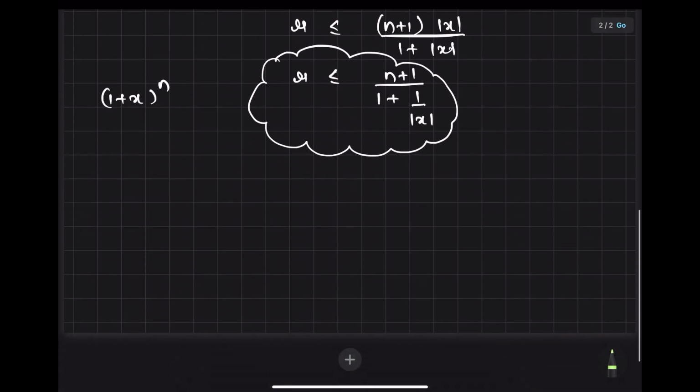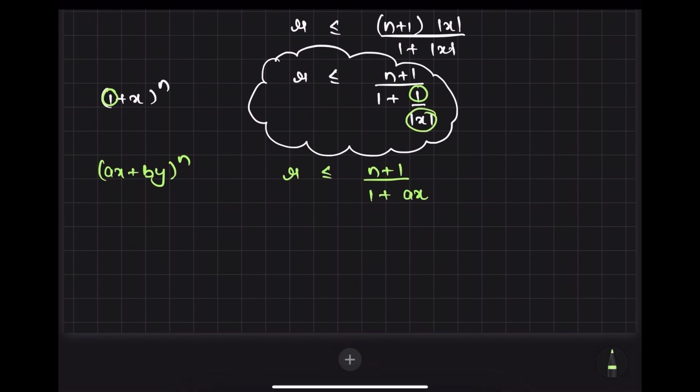Our expansion was (ax + by)^n. For that we will have r less than or equal to (n+1)/(1 + first/second). Here, who is first? ax.